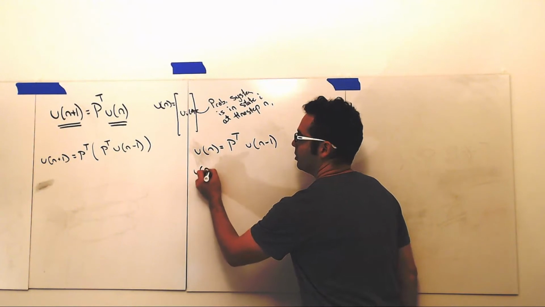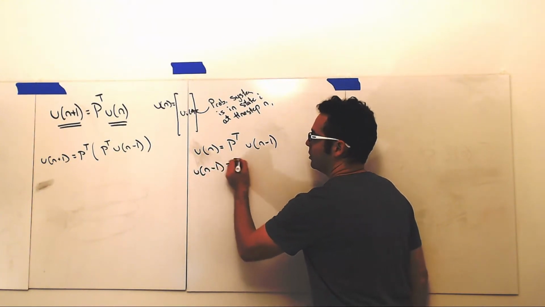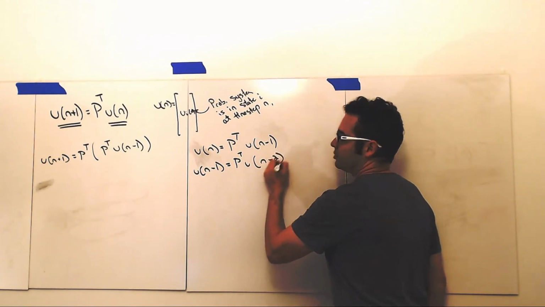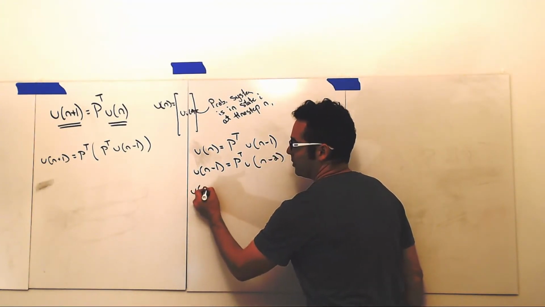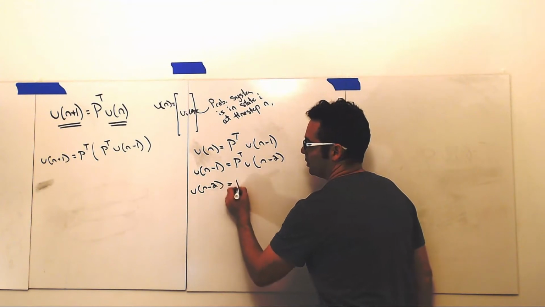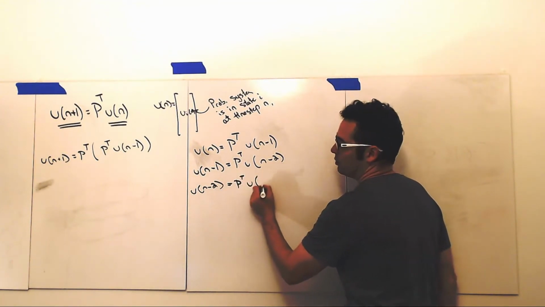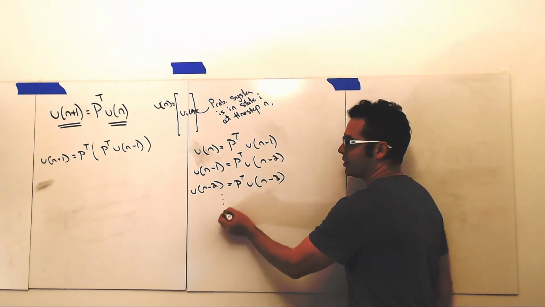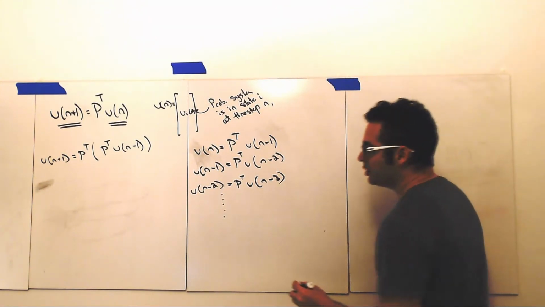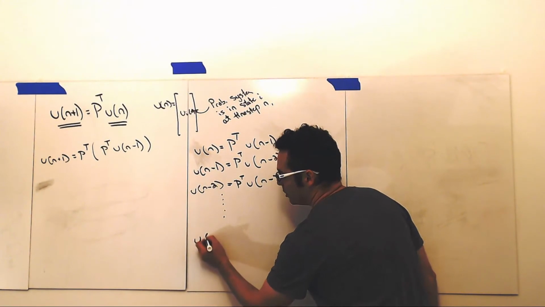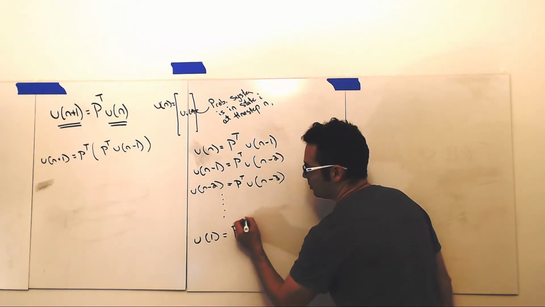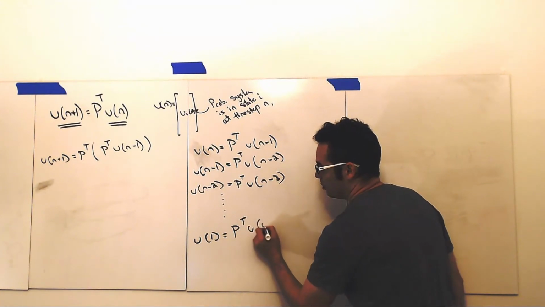Likewise, we know u of n minus 1 is given by p transpose times u of n minus 2, and u of n minus 2 is equal to p transpose times u of n minus 3. And this keeps going and going until we finally get to u of 1 is equal to p transpose times u of 0.